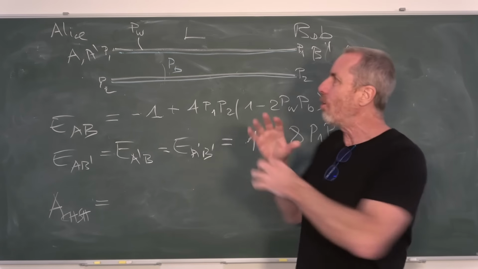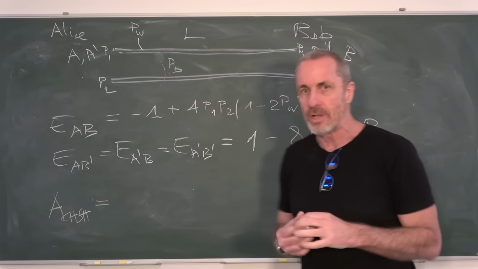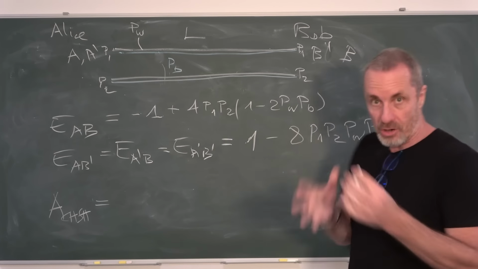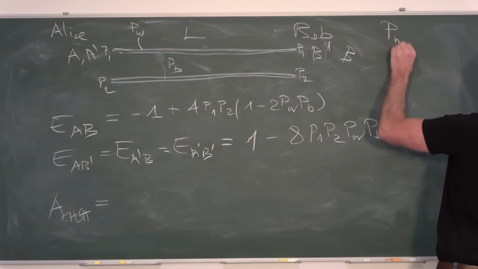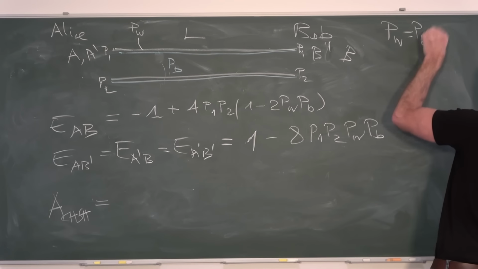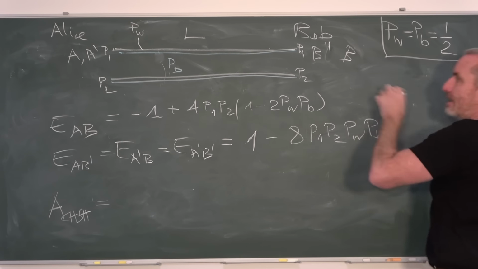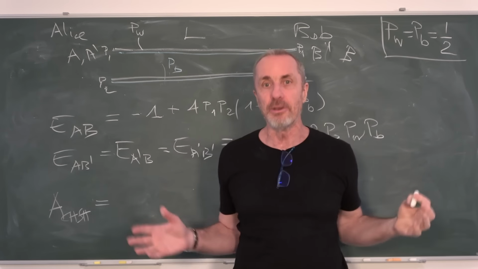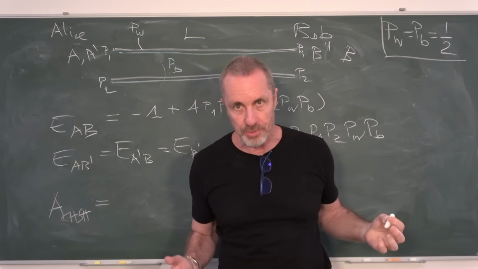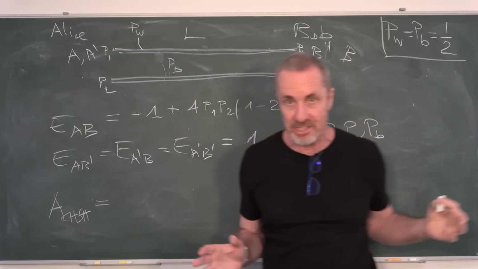I will not do all this because it becomes a huge calculation, but what I can tell you, and trust me, please, is that when you set again P white equal P blue equal 1/2, then again, as before, the model perfectly obeys all the marginal laws. So from that viewpoint, we are safe.